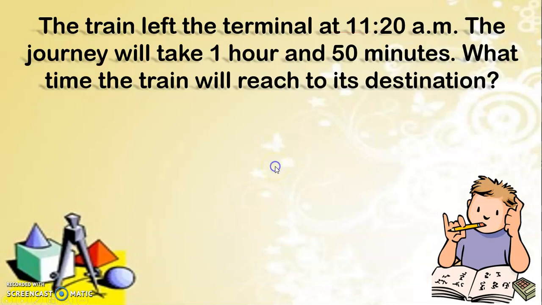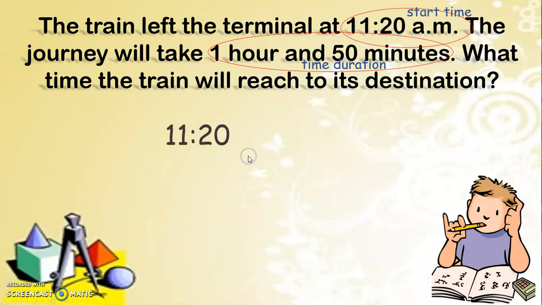So in this part, we have the time duration, which is 1 hour and 50 minutes, meaning how long is the journey. And it starts at 11:20 a.m. So in this part, what we need to do is to write the starting time, write the time duration, and then add.